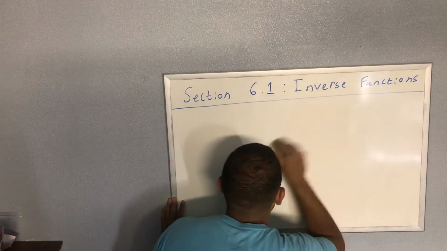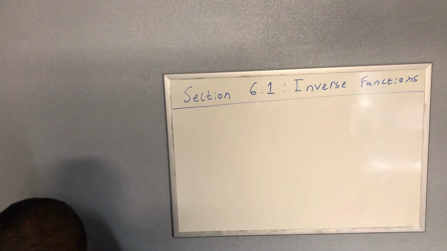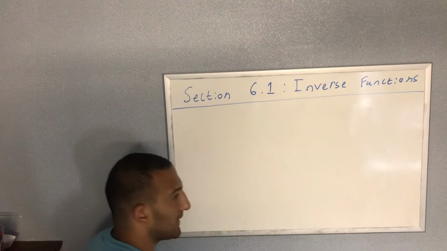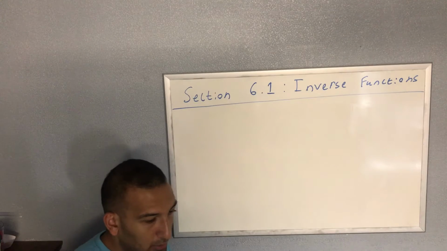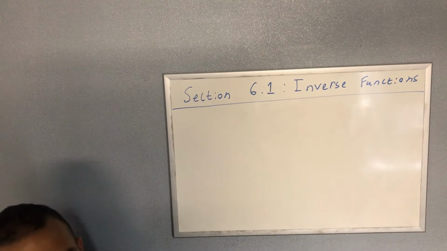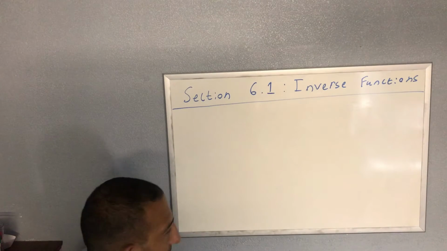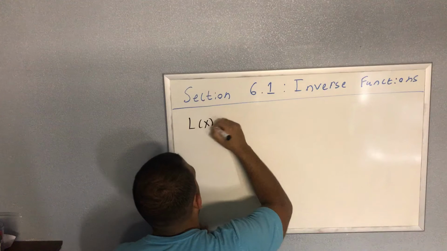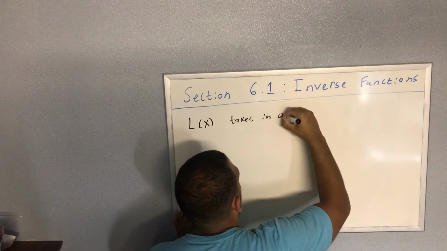Okay. So to do that, remember, what is a function? Well, it takes in an input and then it gives you an output. And normally we deal with functions where you stick a number in and then you get a number out. But let's do something kind of different. Let's say we have a function L of x that takes in an animal.